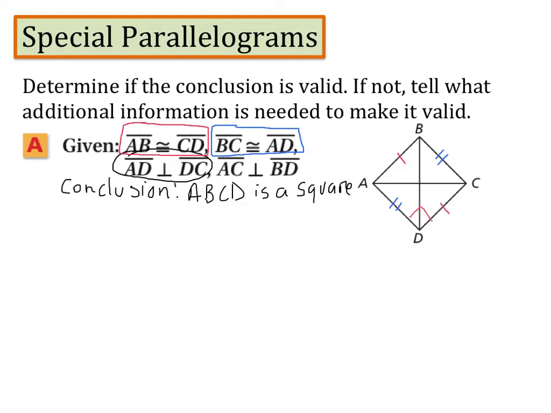AC is a diagonal and BD is another diagonal, so I know those two segments are perpendicular to each other right there. There are many different approaches to this problem, but what I'm going to start off with is trying to figure out whether this quadrilateral is a parallelogram. So that's going to be my first step.